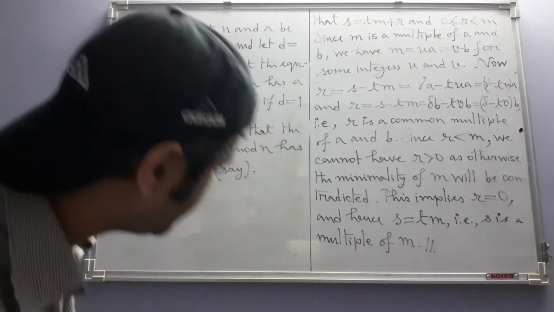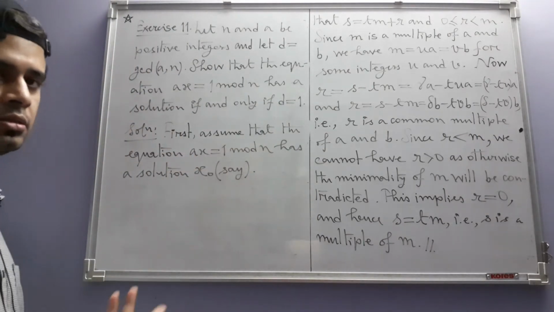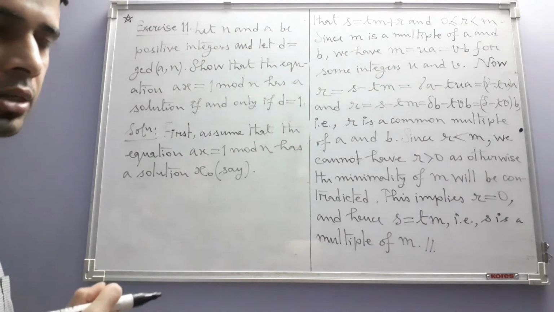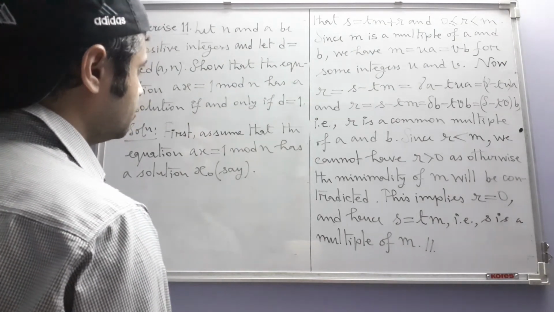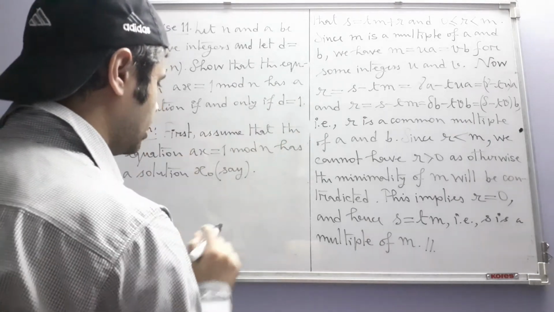It means that n divides ax naught minus 1. The integer ax naught minus 1 is divisible by n. Then we have to prove that D is equal to 1.